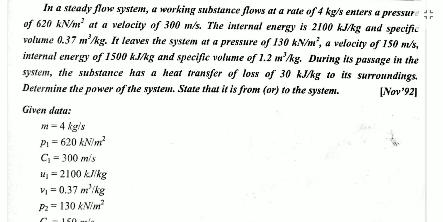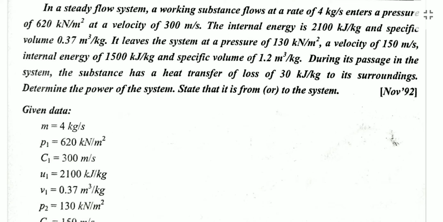The specific volume is meter cube per kilogram, that is volume per kilogram. The symbol we are using is small v. Small v1 is equal to 0.37 meter cube per kilogram.